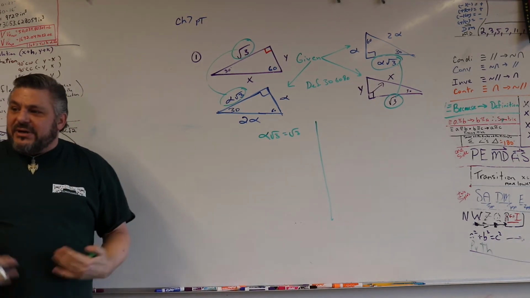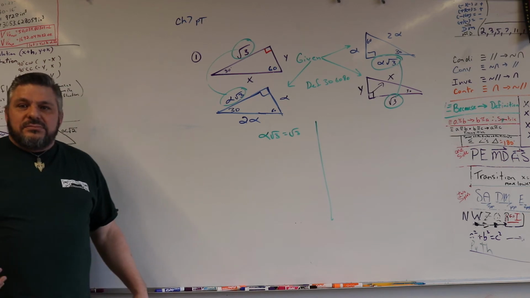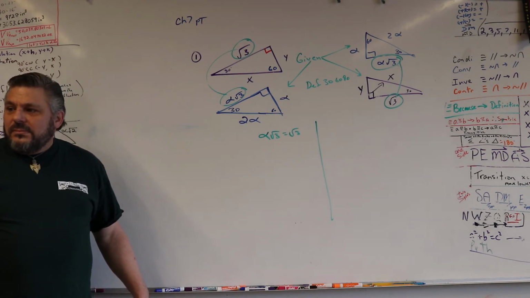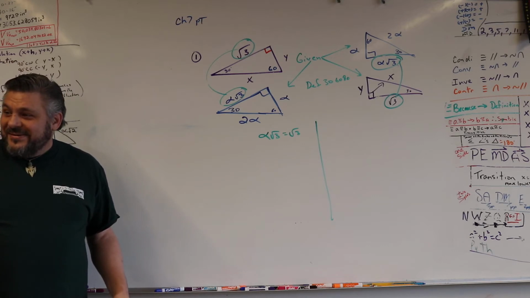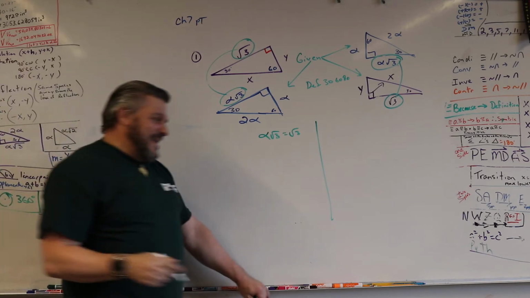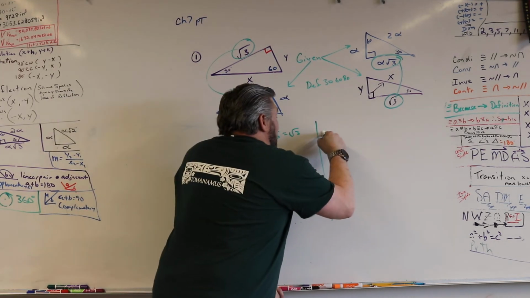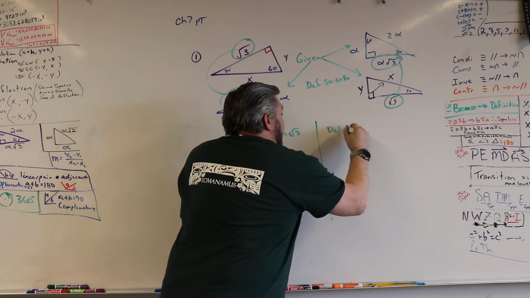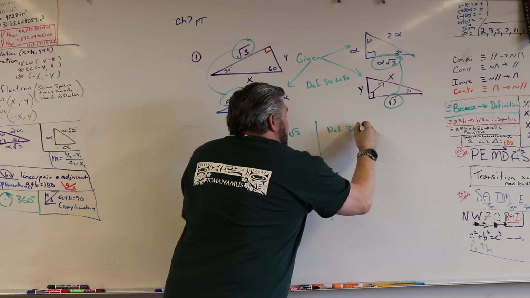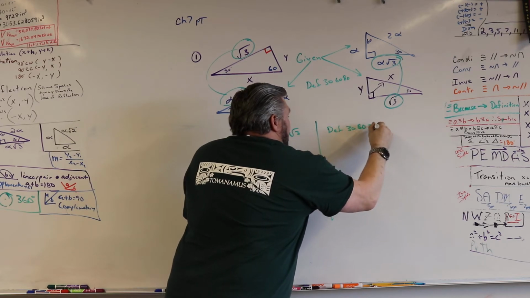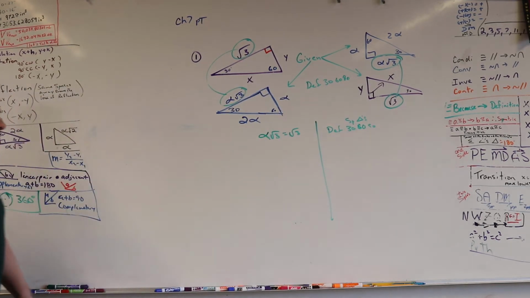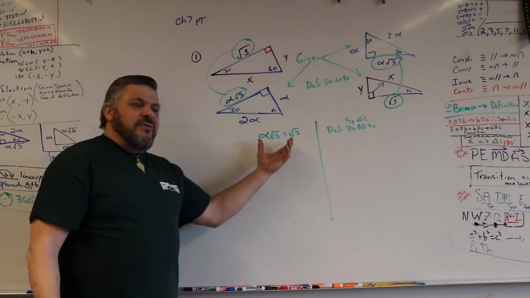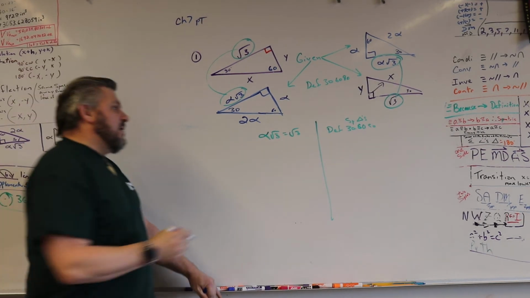How many know the answer right now for alpha? Before we even start. You? Do you think you do? I think you do. Alright? Definition of 30, 60, 90, or special triangles. Right? Alright. Now, what do we do to solve alpha? Divide.